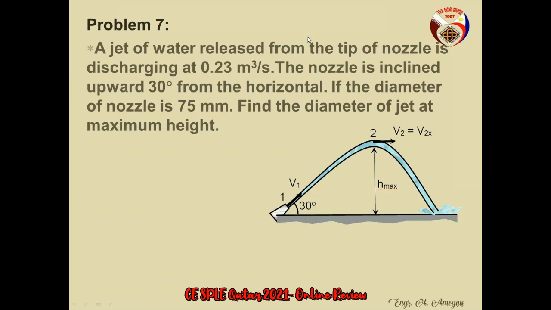Okay? Yung principle kasi is Q1 equals Q2. Q is area times velocity. Pero at point 2, do you agree na yung velocity at point 2 is less than velocity at point 1?